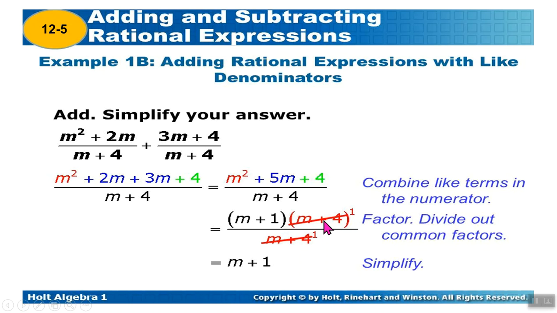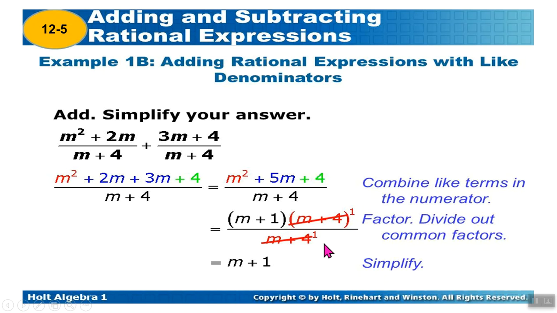Now, we will see, do we have any common expression between the numerator and the denominator? Yes, there is. Look, m plus 4 here after we factorized, and there we have m plus 4 in the denominator. So simply we can cut them together.